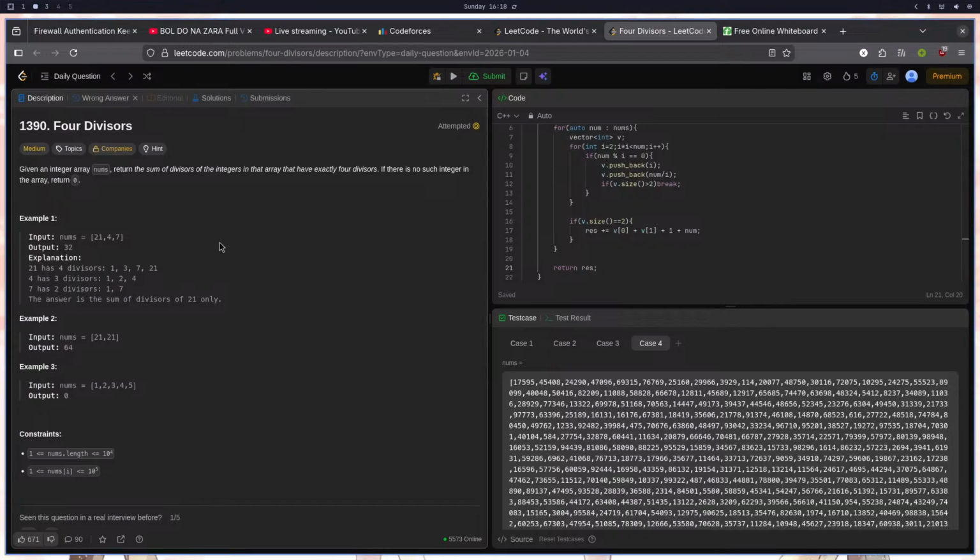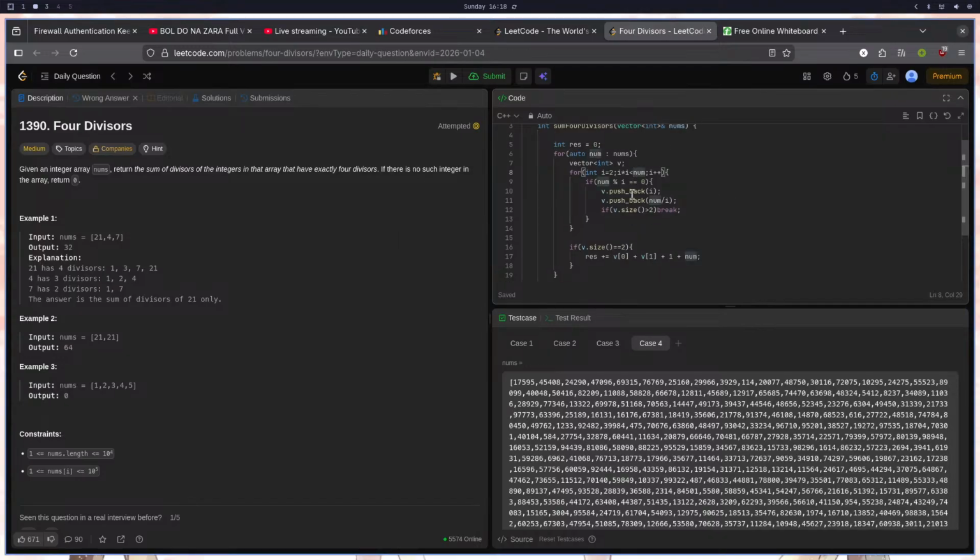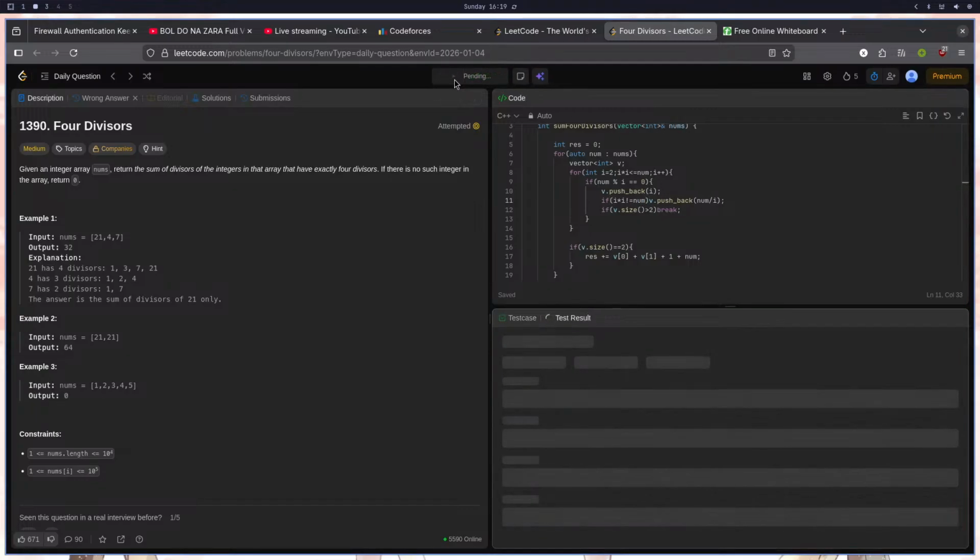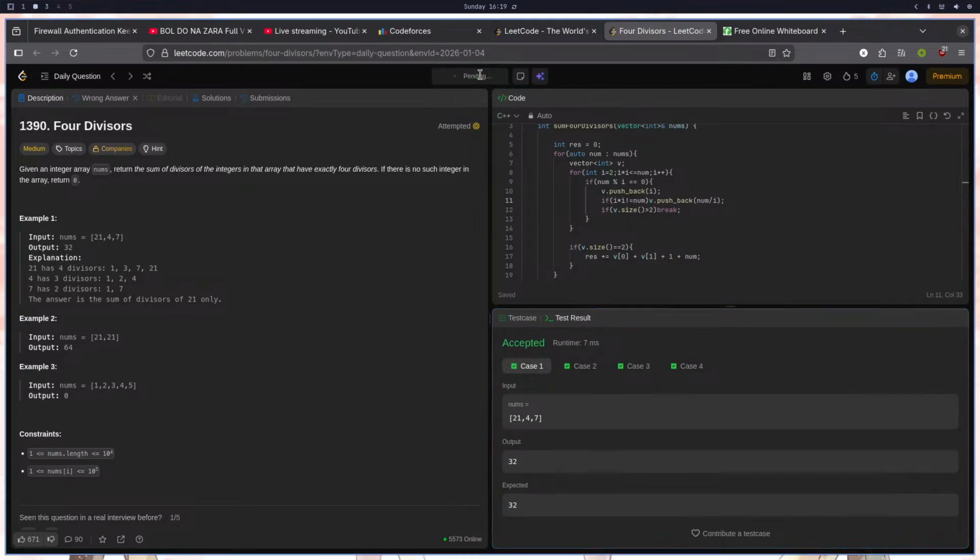Again, return the sum of the divisors of the integers that have exactly 4 divisors. Oh, my bad.